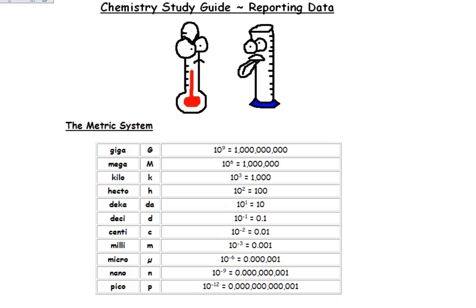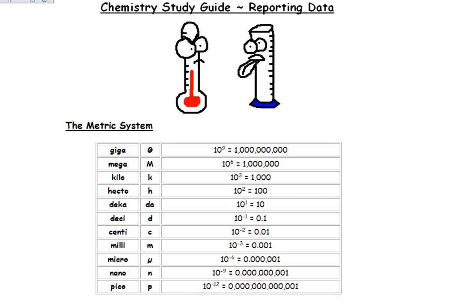You might have to make a metric conversion, maybe switch from liters to milliliters, and all of a sudden people turn into boneheads. Like, what the heck is a metric conversion? I know you have done this, maybe not over the summer, so hopefully just a mild review will bring it all back to you.